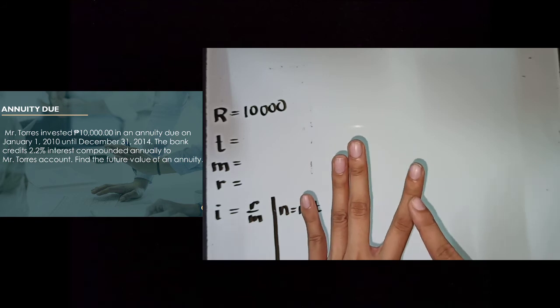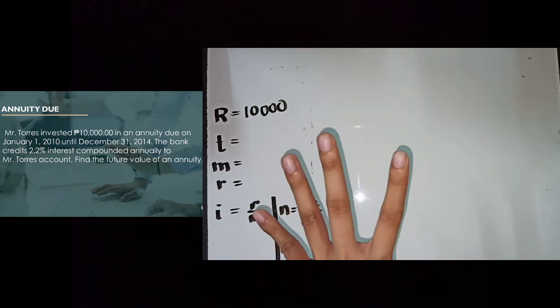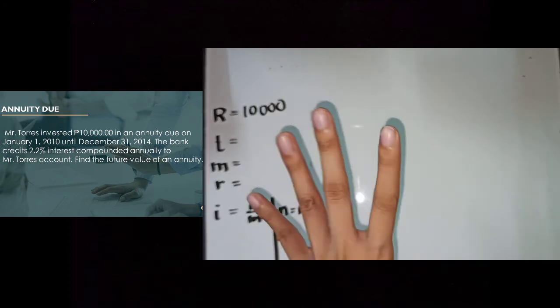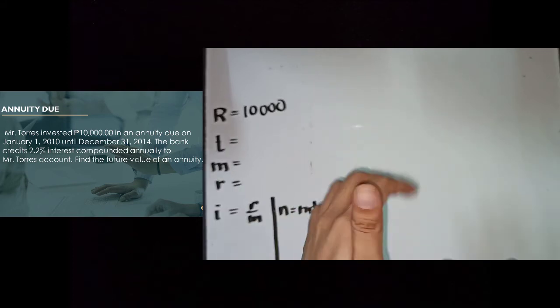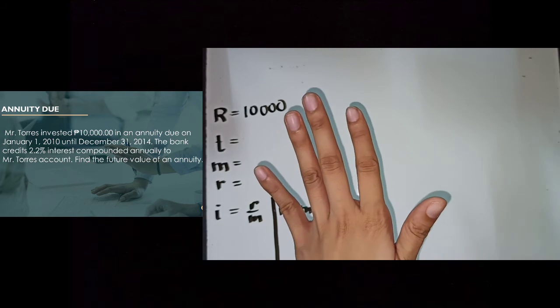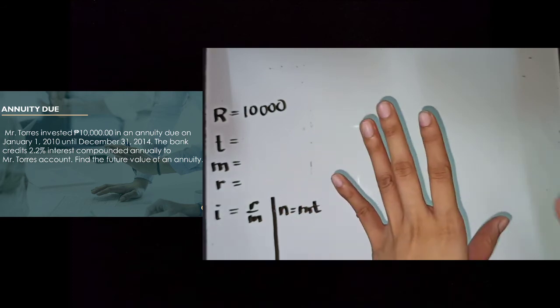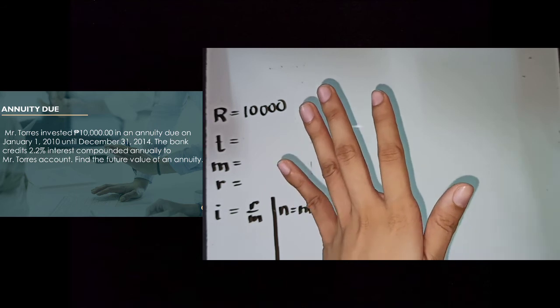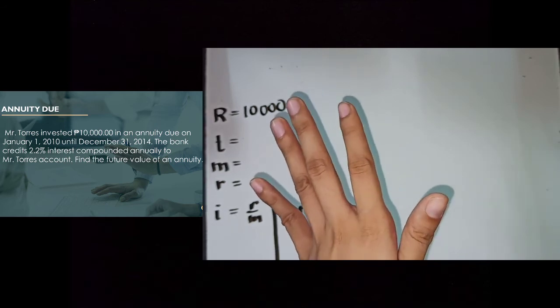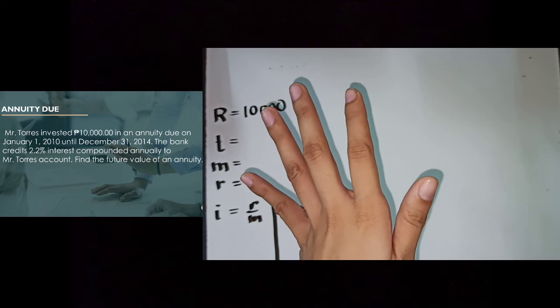And January 1, 2013, yun yung fourth payment mo para sa whole year na yon. And January 1, 2014, yun na yung payment mo for that whole year. That is your fifth payment.